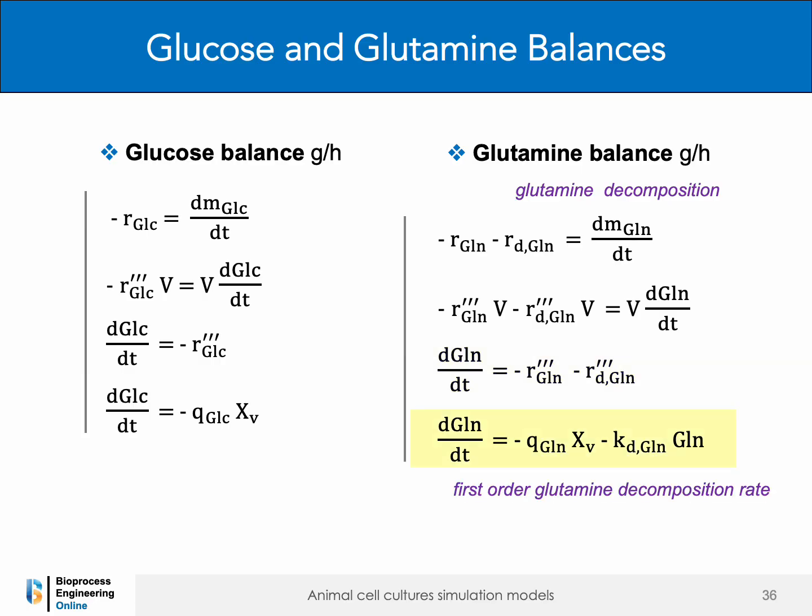Introducing the specific glutamine consumption rate, qGLN, and assuming that glutamine decomposition follows first-order kinetics with a decomposition rate constant, kdGLN, the balance becomes dGLN over dt equals minus qGLN xV minus kdGLN GLN.